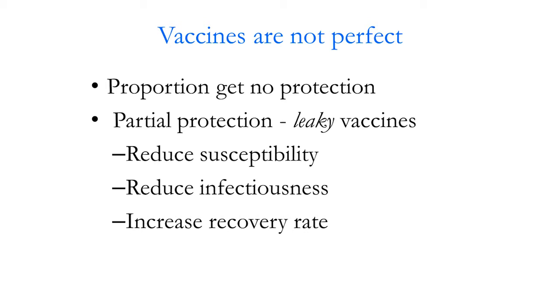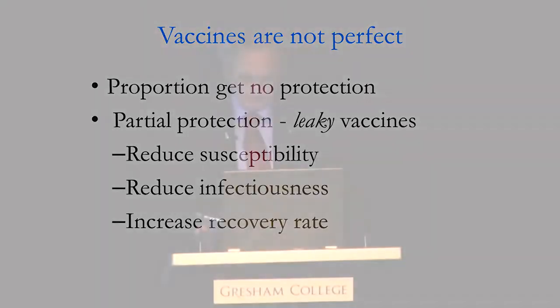So, for example, it might reduce a person's susceptibility to becoming infected rather than provide full protection. Or if the person does become infected, it might reduce their propensity to pass on the infection. Or if the person does become infected, it may influence the speed with which they recover.